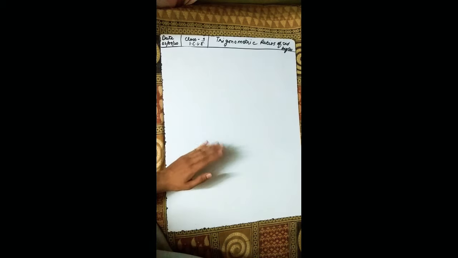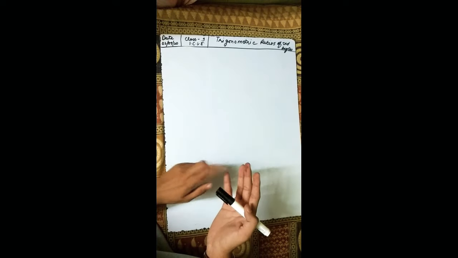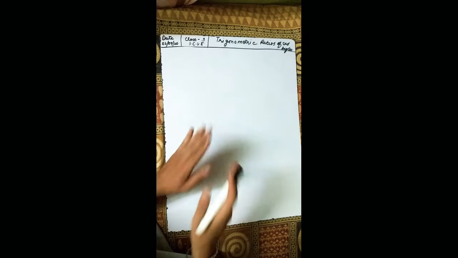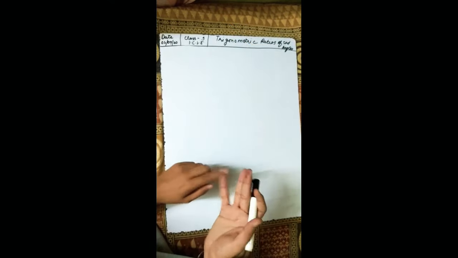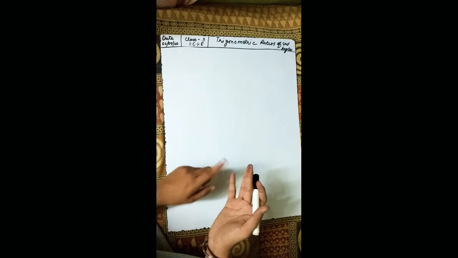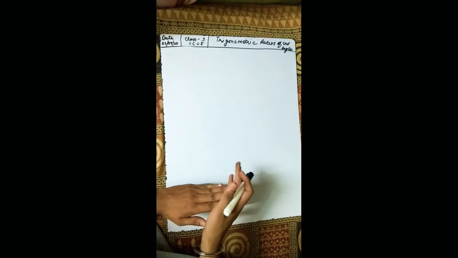So, I'm starting with the introduction of this chapter, trigonometric ratios of some standard angles. You know what trigonometric ratios are: sine, cos, tan, cosec, sec and cot. The trigonometric ratios are P upon H, B upon H and P upon B. Now, they are of some standard angles.